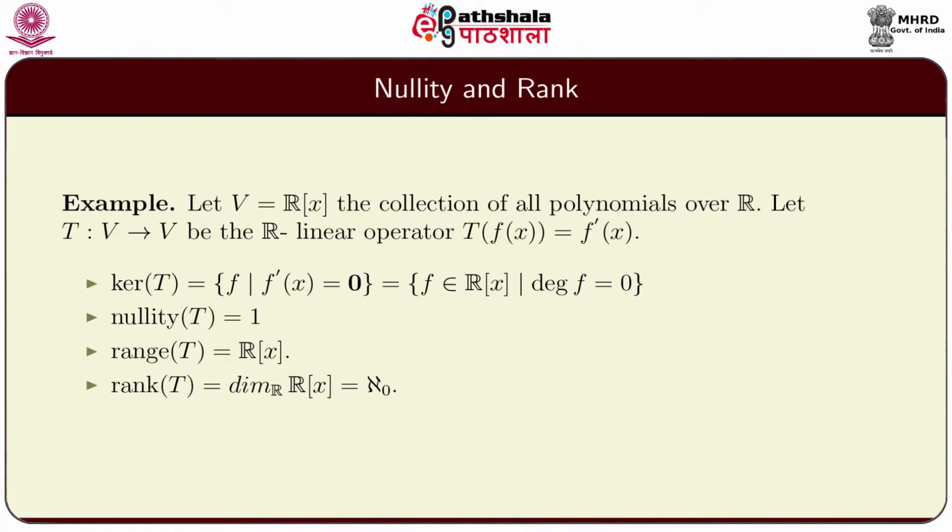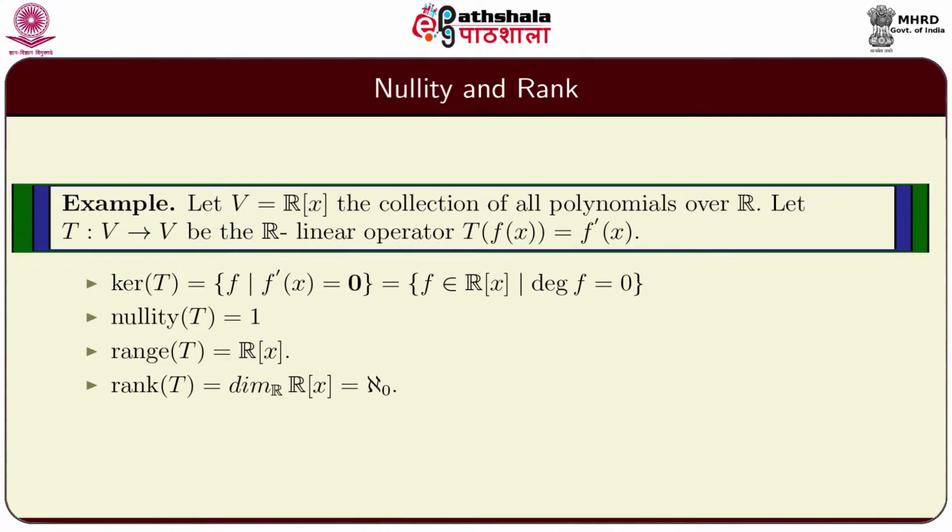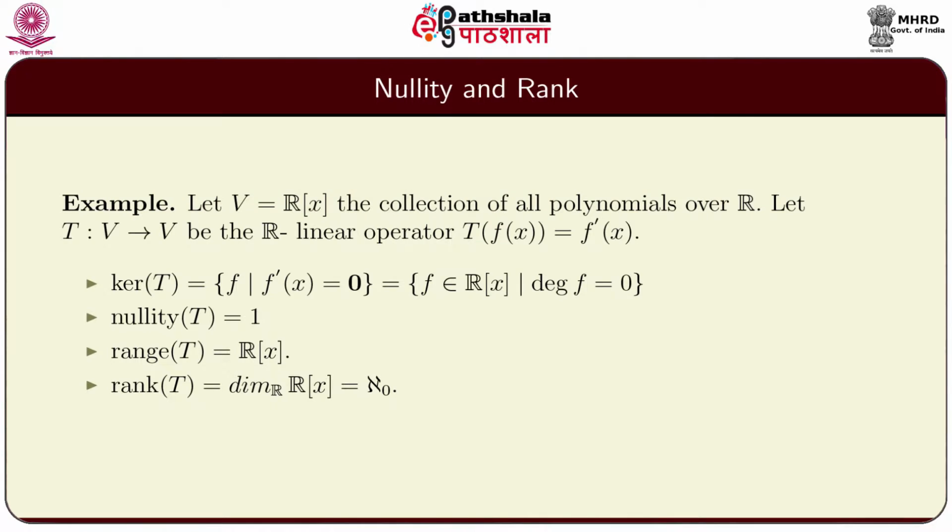Again, the example of the differential operator. So, V denotes the collection of all polynomials with real coefficients in the indeterminate x, the vector space R[x], and T from V to V is the linear operator T of f(x) equal to f'(x).